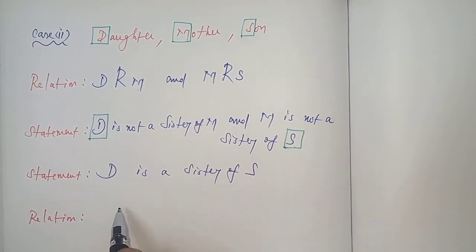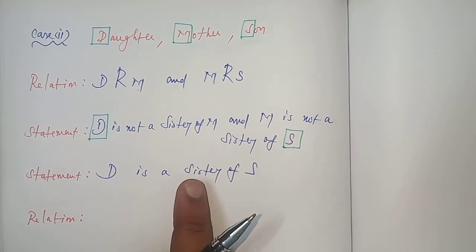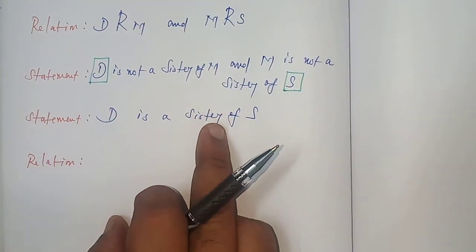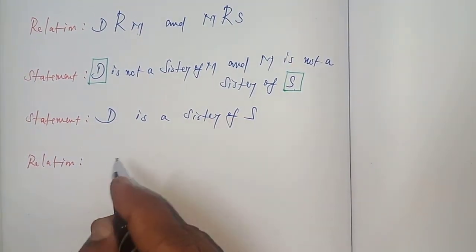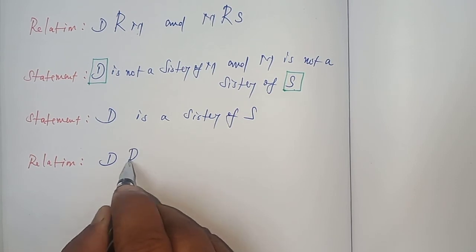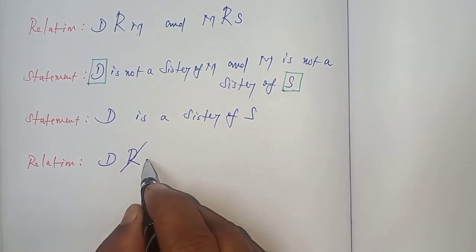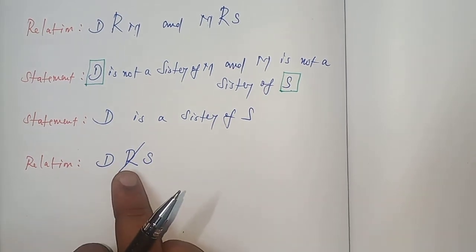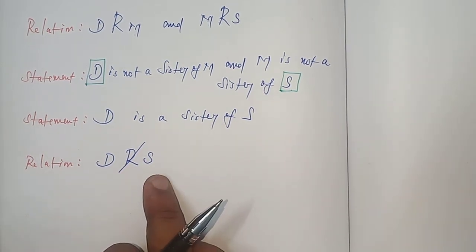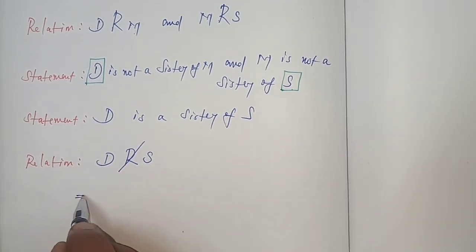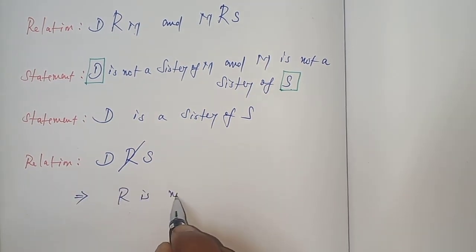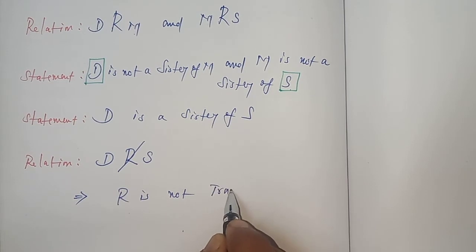So this is against the statement. Actually, the statement is not a sister, but you are getting a sister. Therefore, you have to strike out that D R S. Here we have proved R is not transitive.